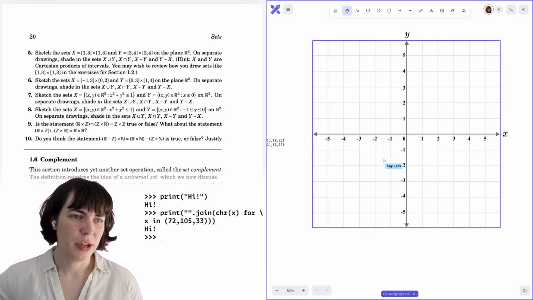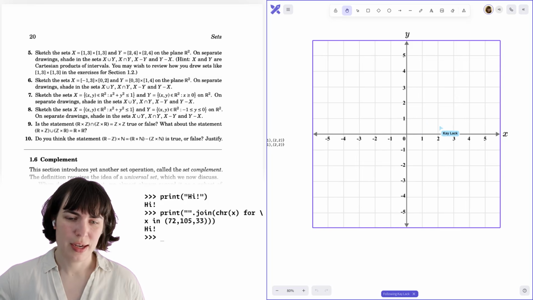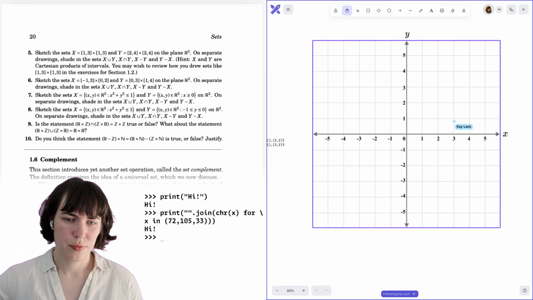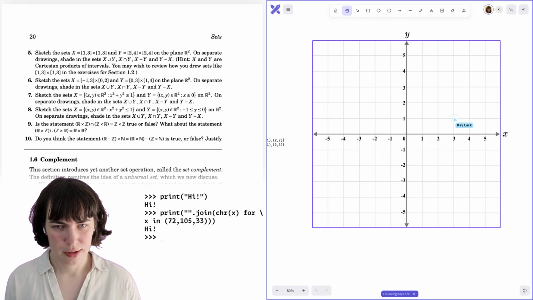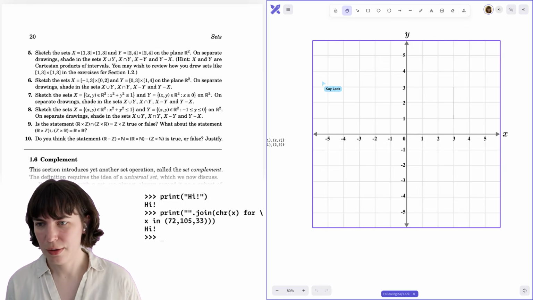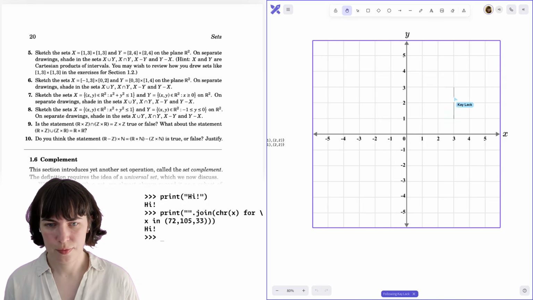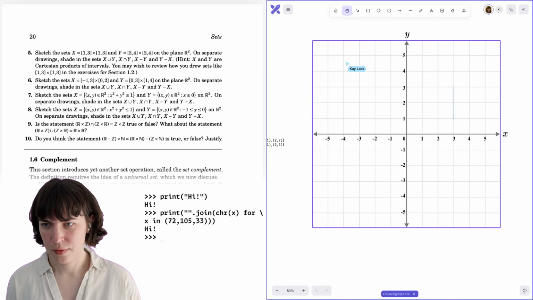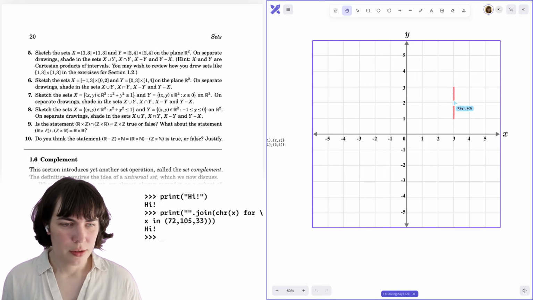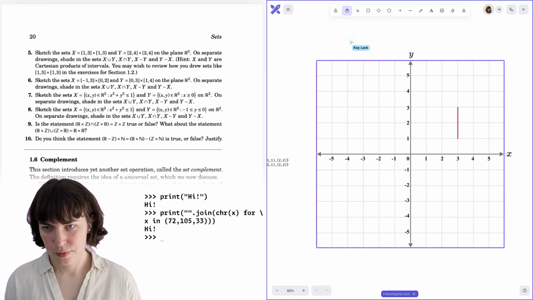1, 3, 1, 3. So we're going to go from 1, 3 on the x. So like... Oh, that's a bit narrow. There we go. Come on.